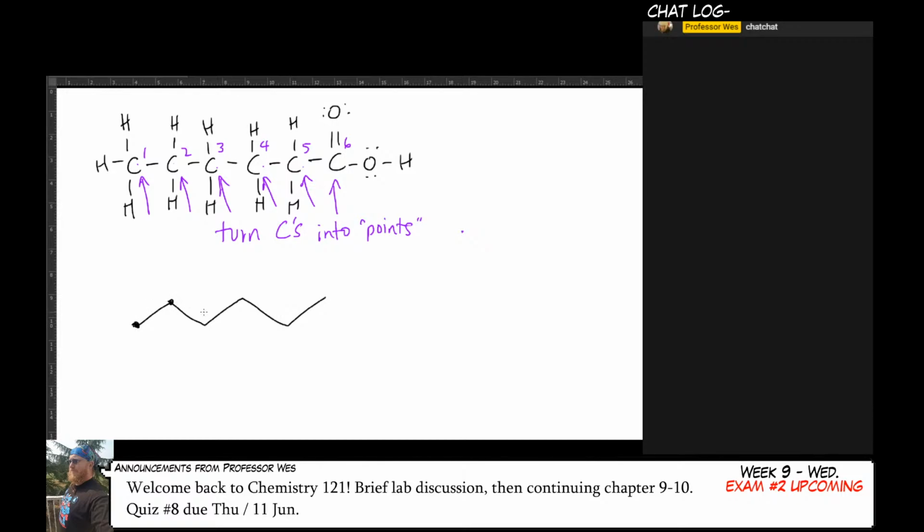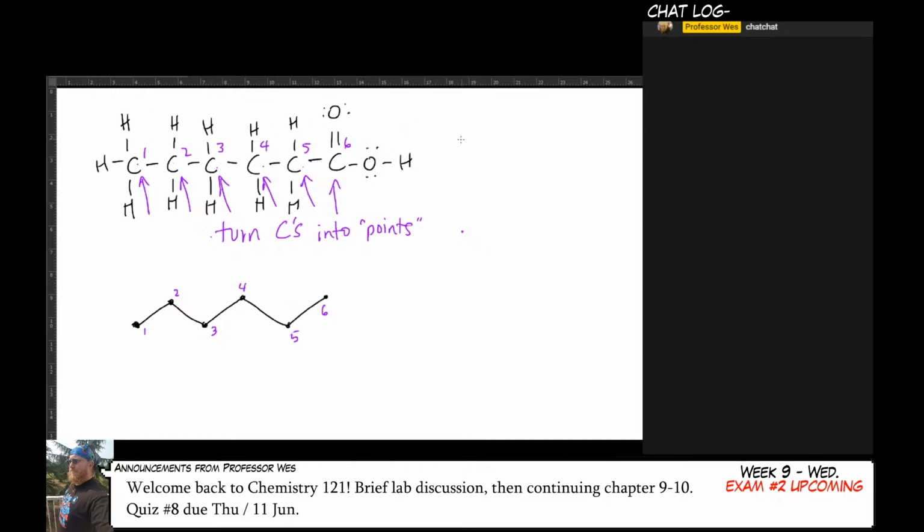And so I'll put the numbers in here too so that you can have a direct analog to follow here. So we turn the C's into points to make this sort of zigzaggy line that you see.